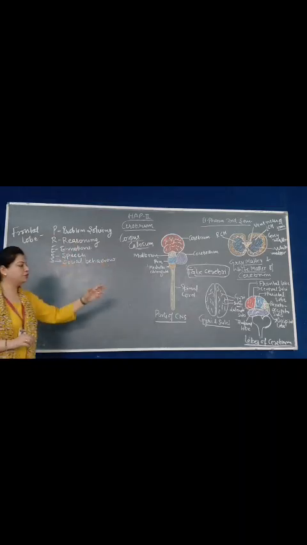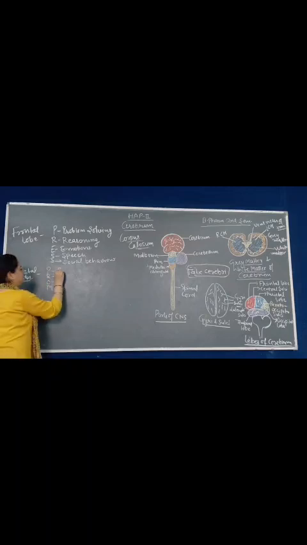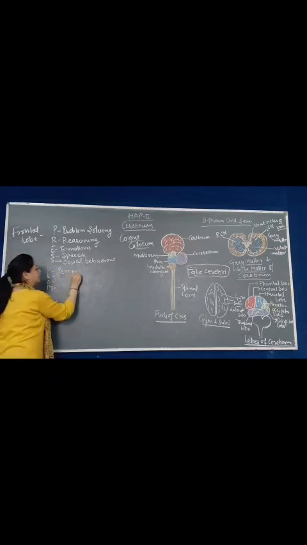So next, the functions of the parietal lobe. To learn the functions of the parietal lobe, learn PROM. Here P means perception.